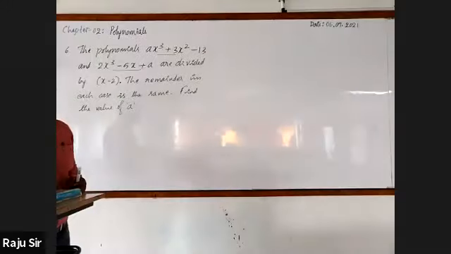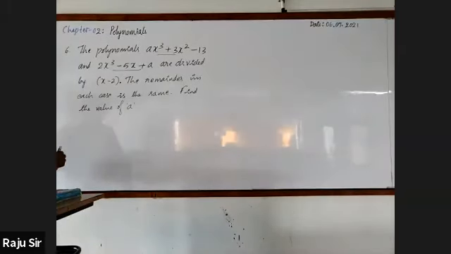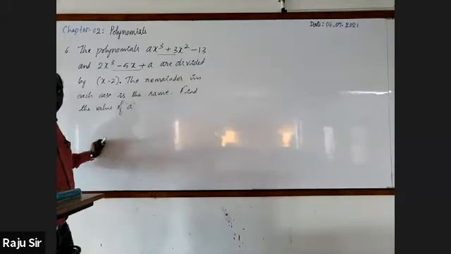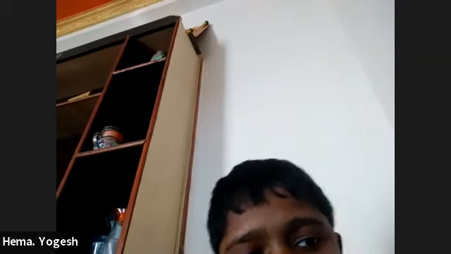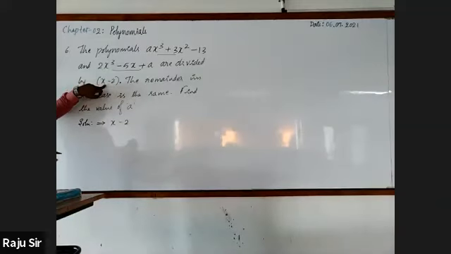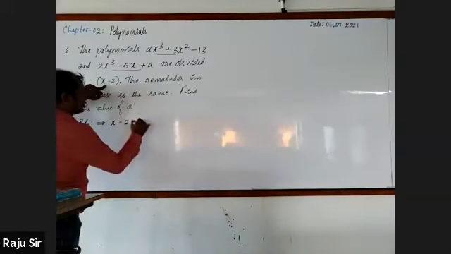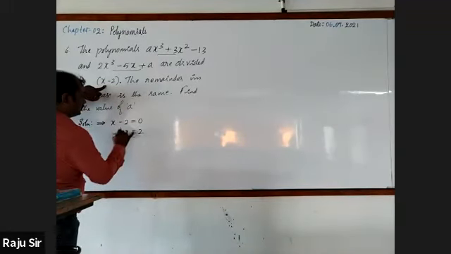So now let's go for finding the remainders one by one. You must start writing with me. First I'll take the divisor. x minus 2 is equal to 0. Then x is equal to 2.